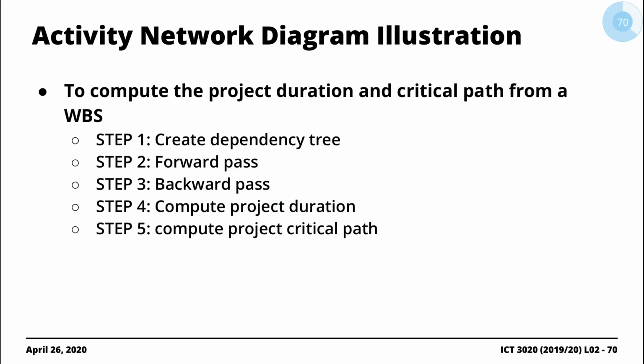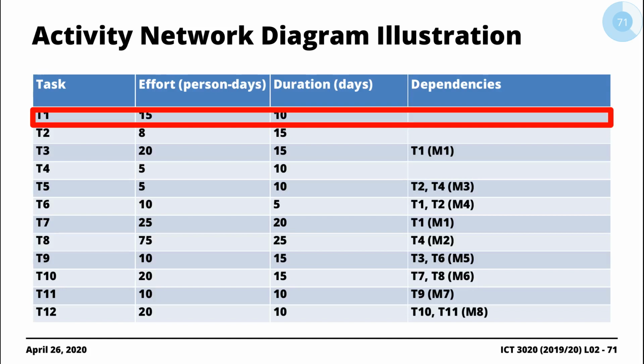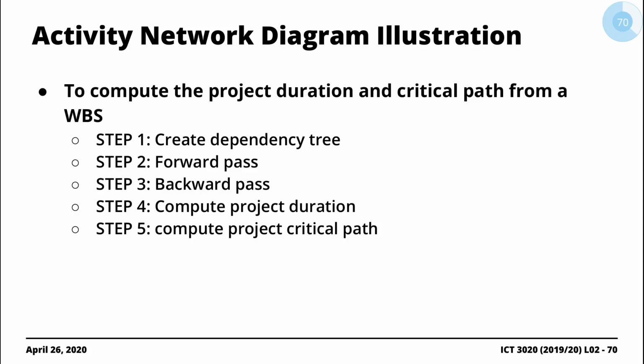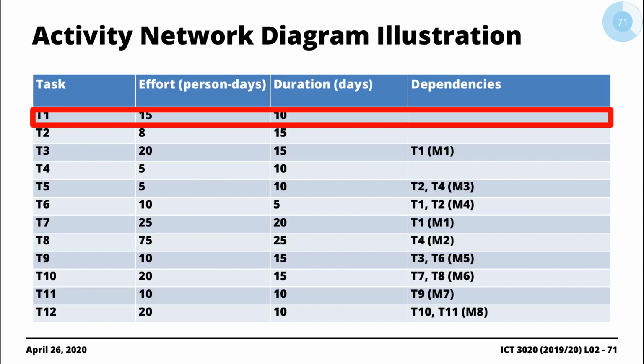Okay, so we're going to start off by just creating our dependency tree. Bear with me, we're going to take a few baby steps so that people understand exactly how to do this. So we do this task by task to build this dependency tree. We start with task number 1.